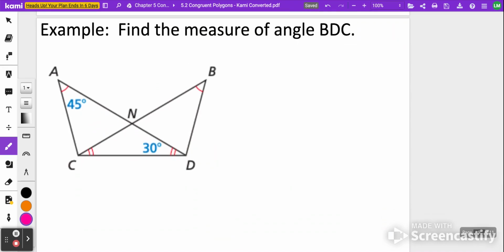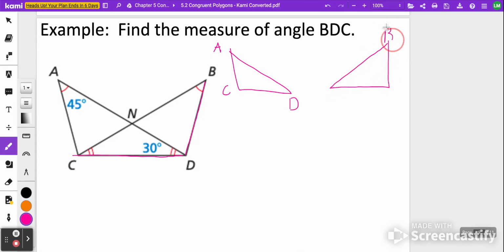It says find the measure of angle BDC. So here's BDC. And I understand that they're overlapping right now. So one thing I would do is if you have two shapes overlapping, think about them as two separate shapes. A, C, D, and B, D, C. Okay?